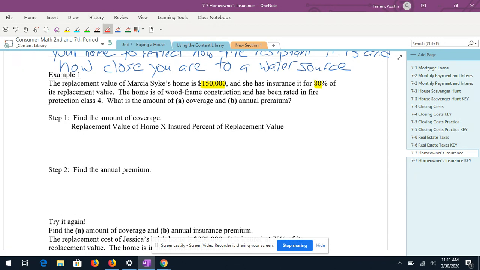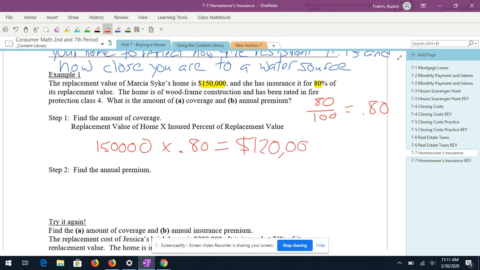So remember, since it's a percentage, we need to divide that by 100 to make it into a decimal, which would be 0.80. So we take the replacement value of the home, 150,000, multiply it by that decimal 0.80, and we get the amount of coverage, which is 120,000.